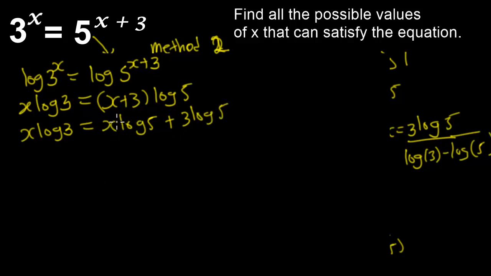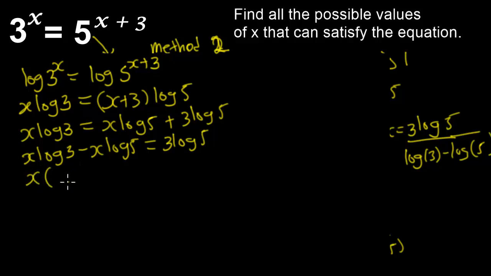Now we have x over here, x over here. So let's group all those terms involving x at one side, and those without x at the other side. So doing that, we are going to have x log 3 minus x log 5 is equal to 3 log 5. Now we have x in common here, so we can bring out the x.